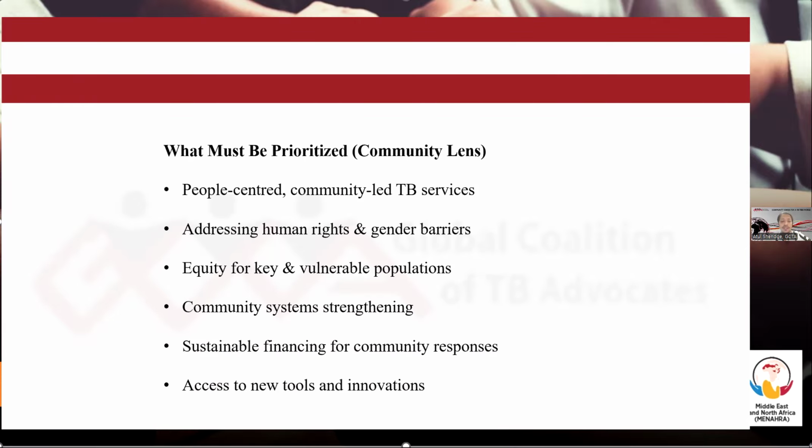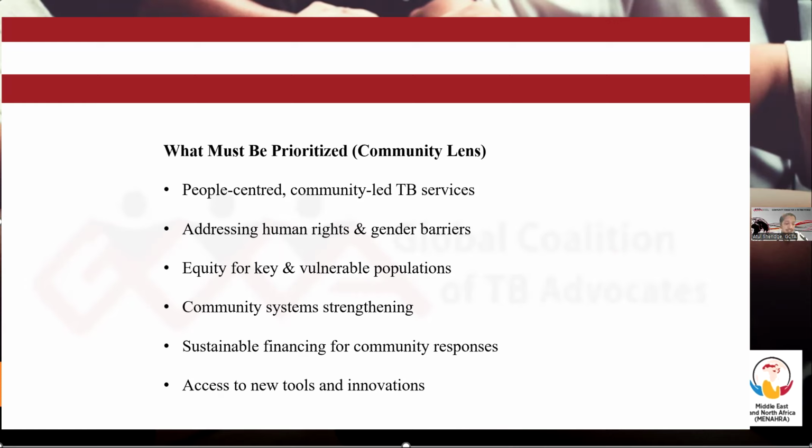So, for us, what are the community priorities? Given these shifts, from the community perspective, what must be prioritized is not just the availability of tools, but equitable access to them. GC8 correctly emphasizes scaling up rapid molecular diagnostics, including near point of care as well as point of care testing, and aiming for universal access.